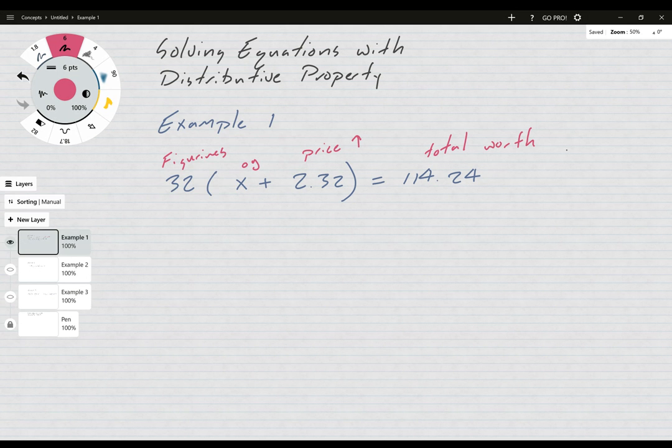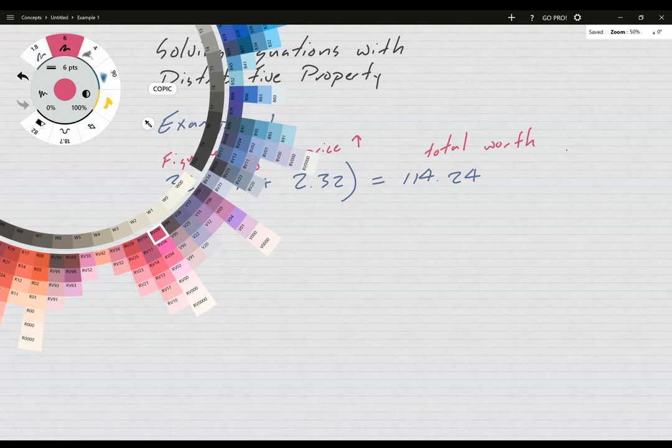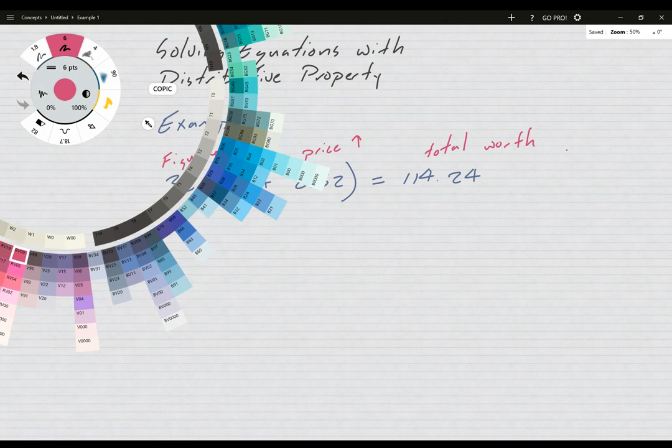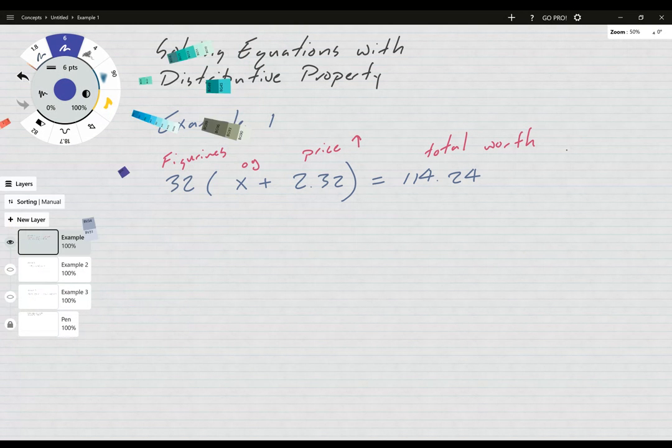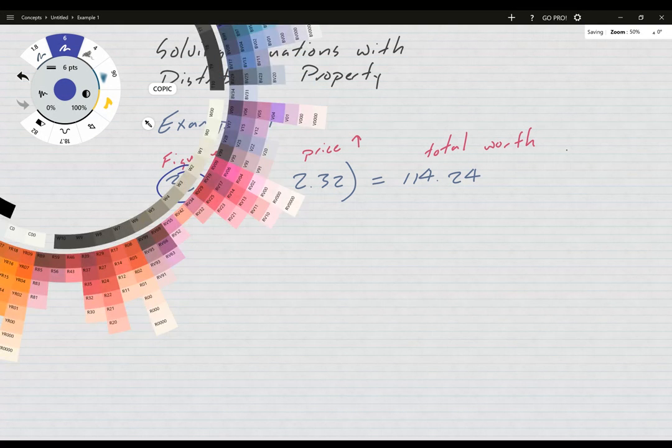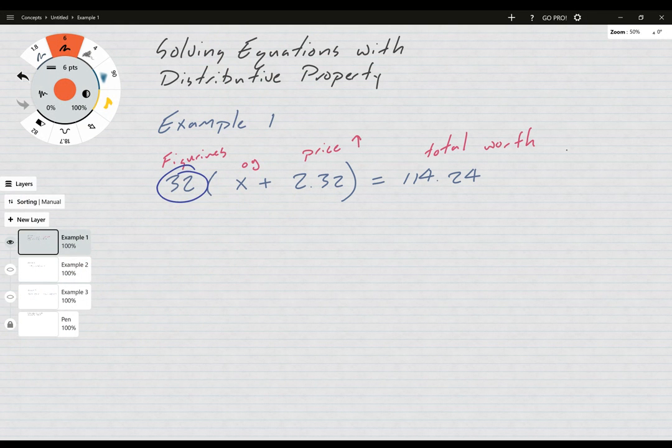So now we're going to be using the distributive property to demonstrate how we can find the unknown amount. So the distributive property, this right here is known as a coefficient, and all we are doing with that coefficient is multiplying it by each number inside of parentheses.